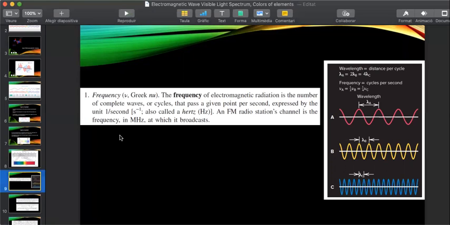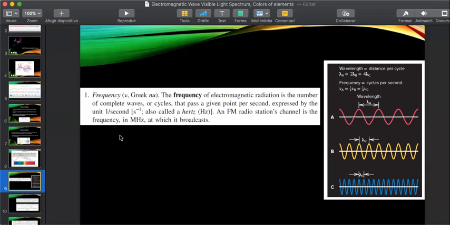The frequency of the electromagnetic radiation is the number of complete waves or cycles that pass a given point per second, expressed by the unit 1/s, also called hertz.